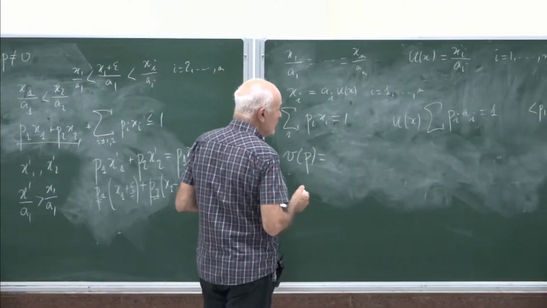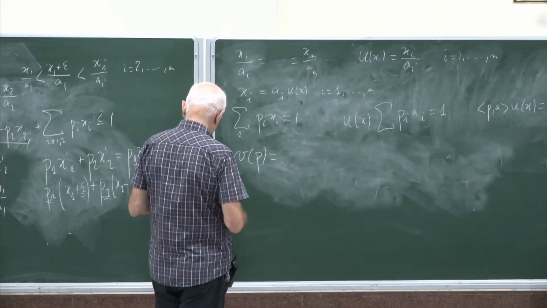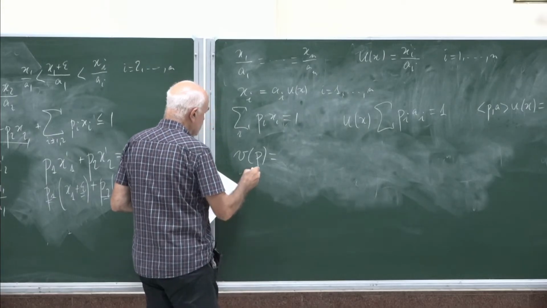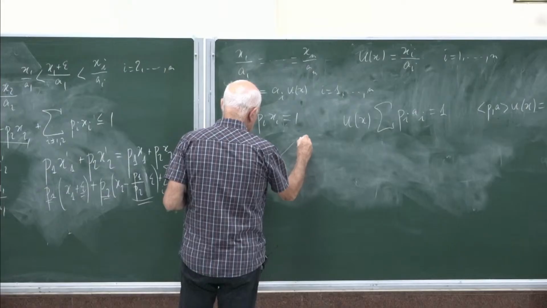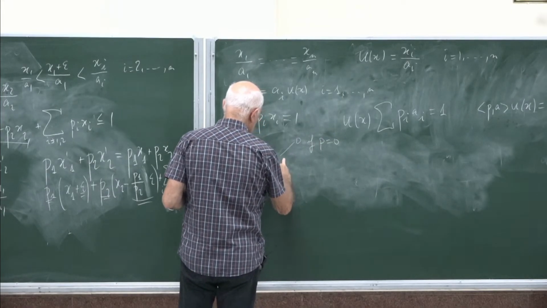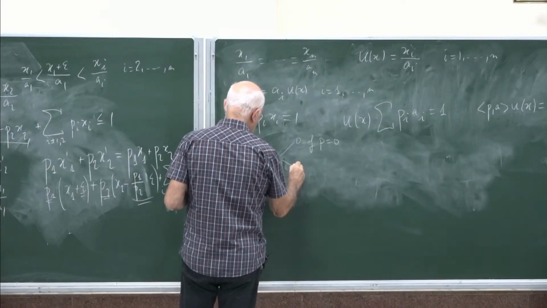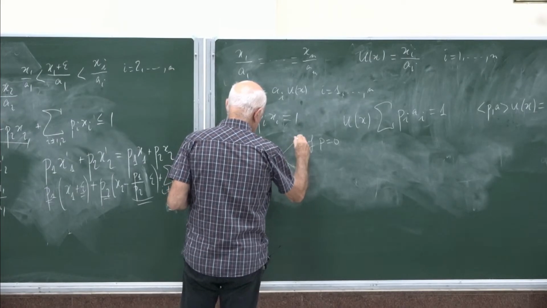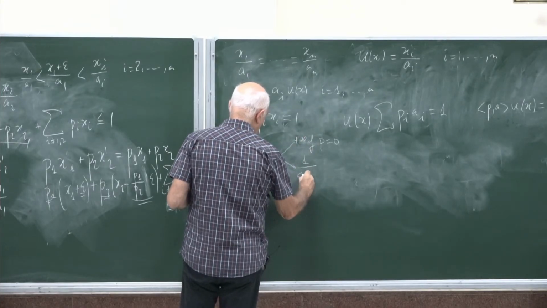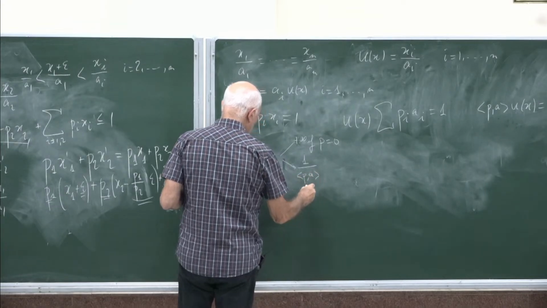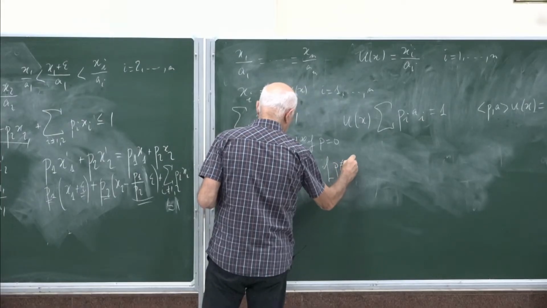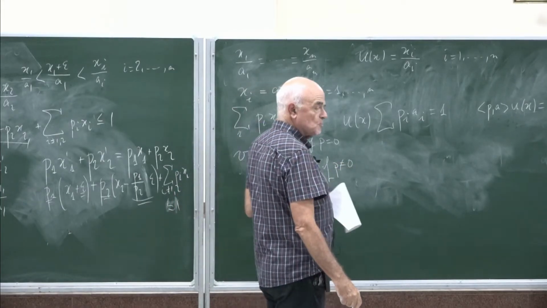Okay. So this is the expression for V of p: plus infinity if p is equal to 0, and 1 over p times a if p is different from 0.